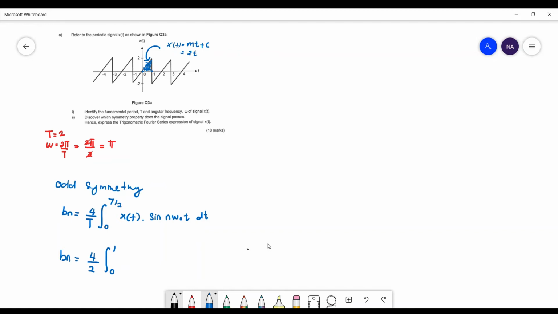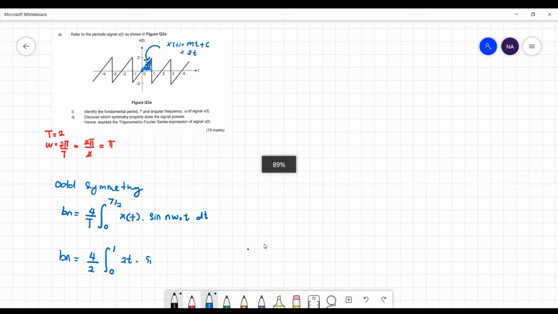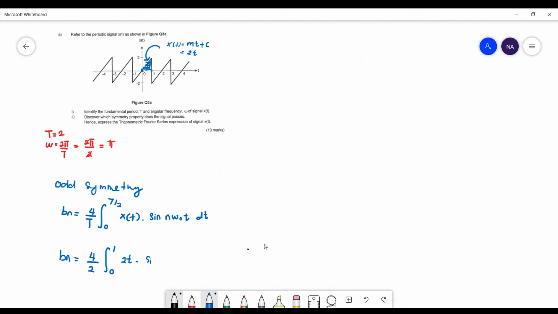The slope is positive. And then c is the intersection at the y-axis. So you can find the intersection is at 0. So x(t) is equal to 2t. So you need to put it here like this, and then times sine.